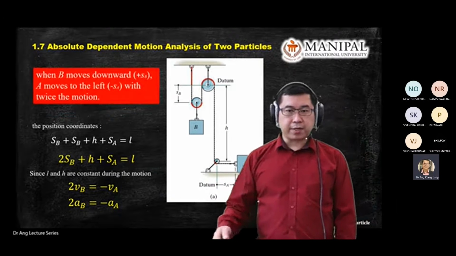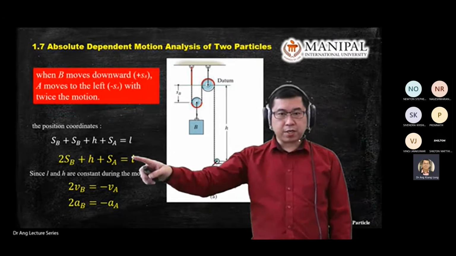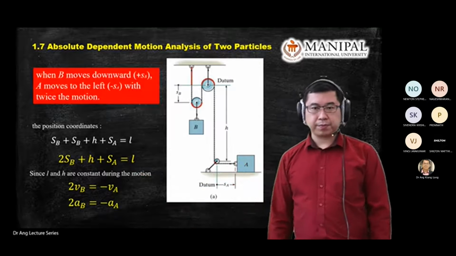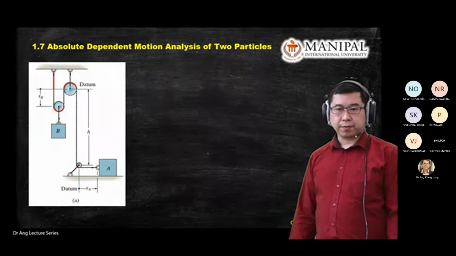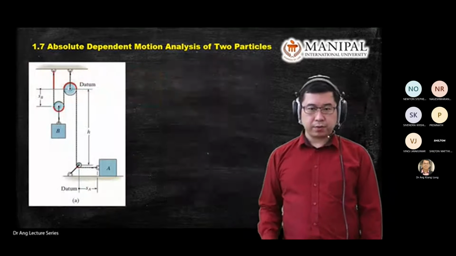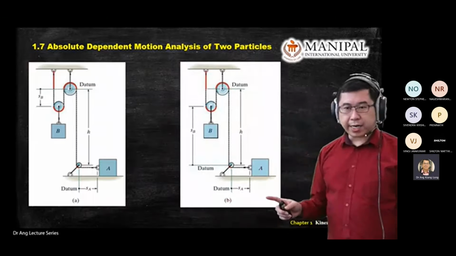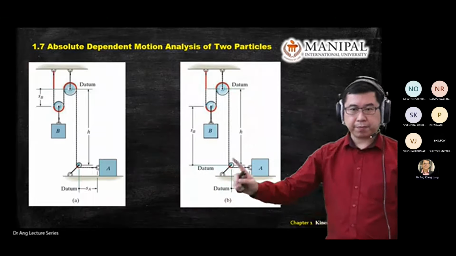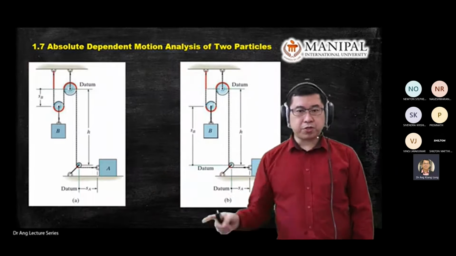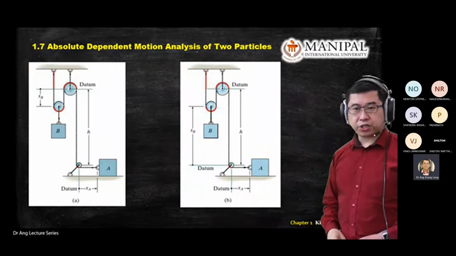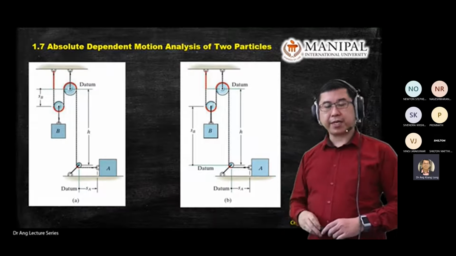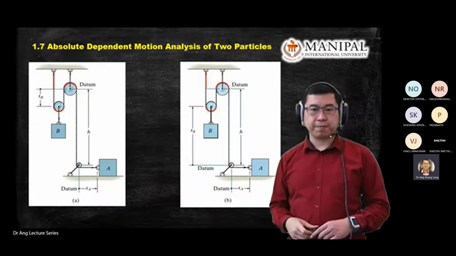Let's look at another one. So this is just an illustration of what I mentioned just now. This is the diagram that I showed you. This is another diagram, same system, same object, same position, but now I change my datum reference system.